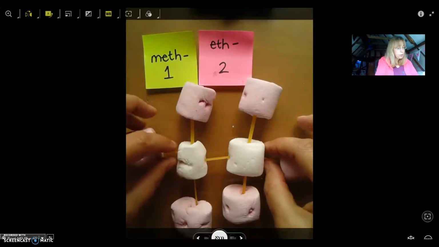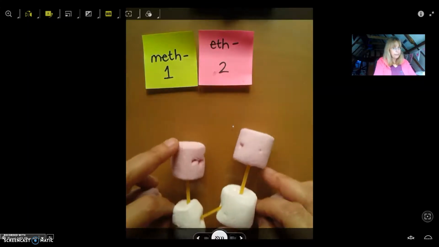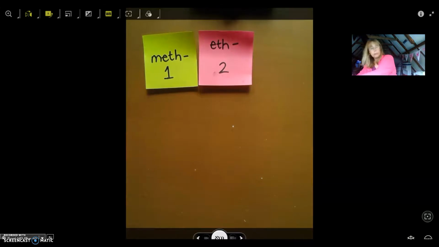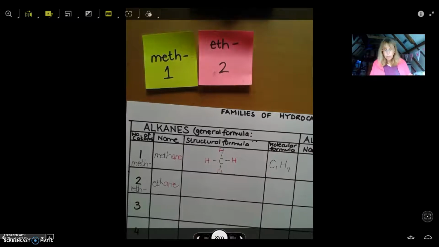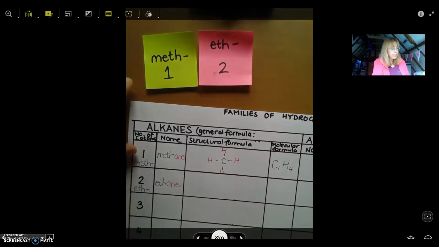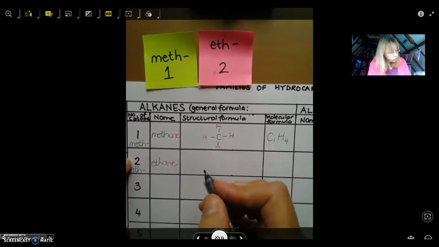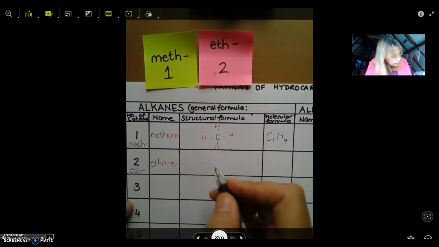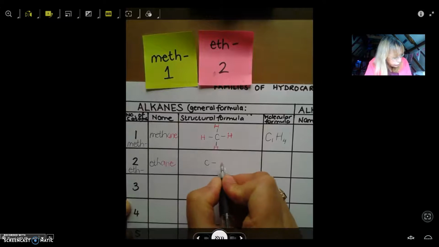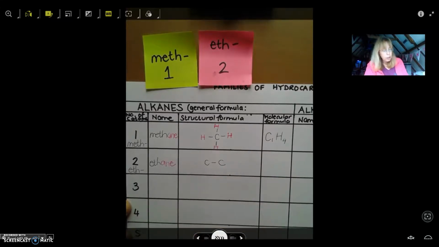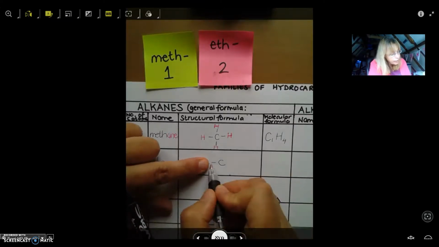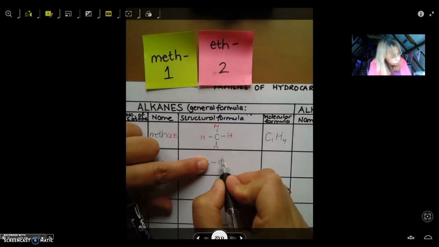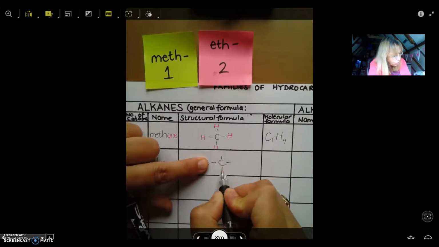Okay, so let's move ethane out the way and let's go back to our table. When we draw the structural formula for ethane, I'm going to take the 2 carbons. They are each going to have a single covalent bond, and then I need to draw the remaining bonds. So I cover that one, it's already got 1 bond, so I add on 2, 3, and 4.